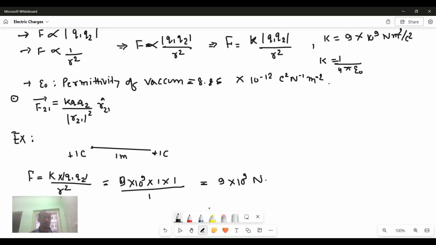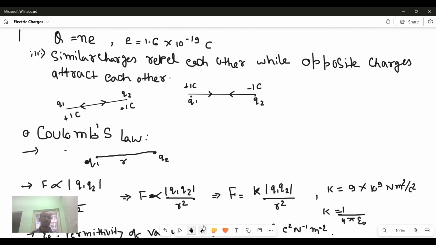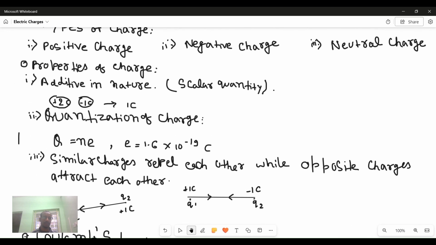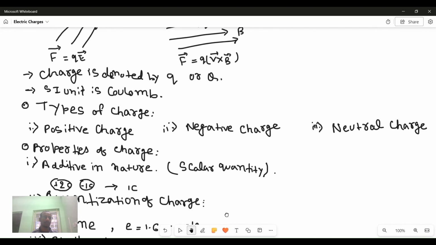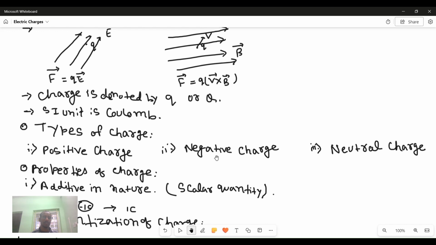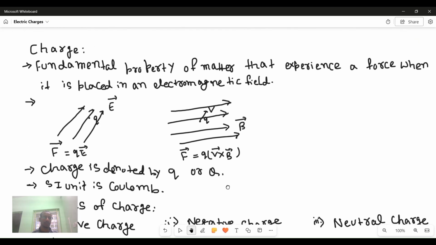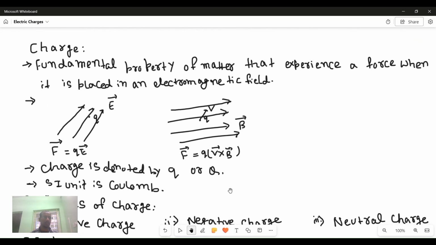So here we conclude. So far we have covered electric charge, its types, properties, and Coulomb's law. Let's revise all.